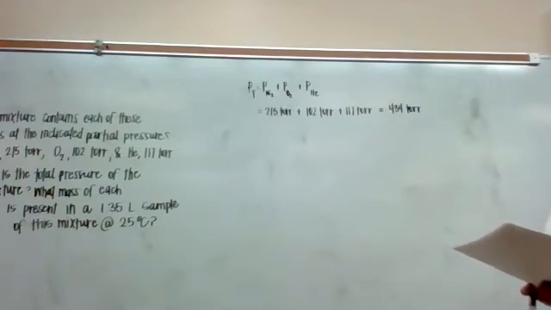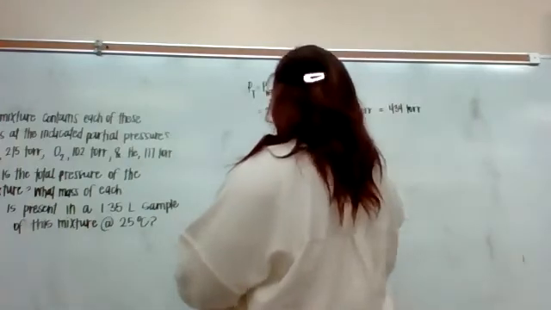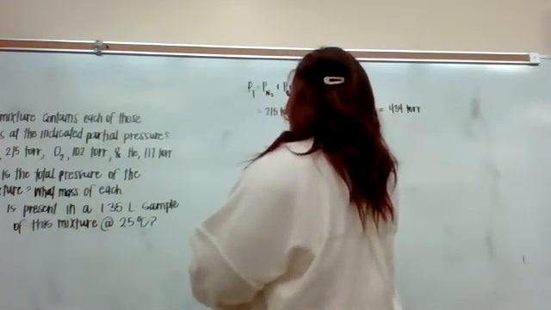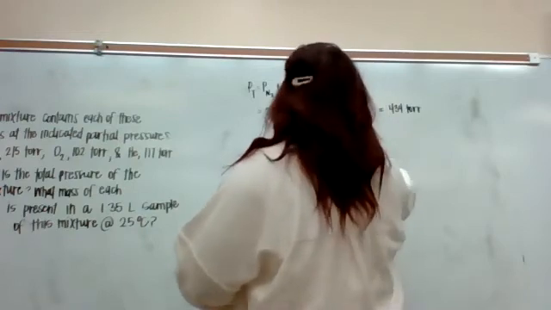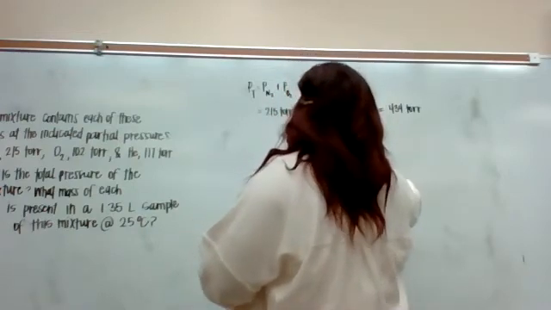What y'all want to do? Do the mole fraction. Okay. All right, so if we do mole fraction, we'll do that first. Then we'll need to go back and determine the total moles present using the ideal gas law.